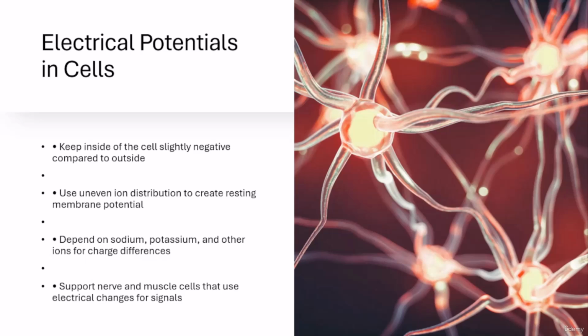And this potential is crucial for nerve and muscle cells because they use electrical changes to send signals. And the body spends energy to maintain these ion levels because without this charge, communication between cells would not happen.